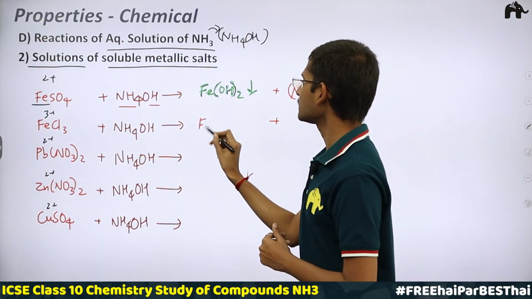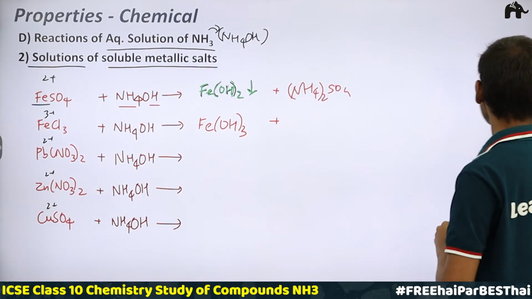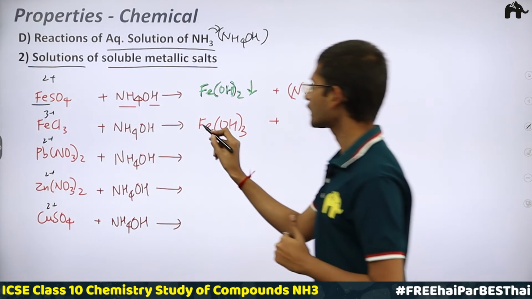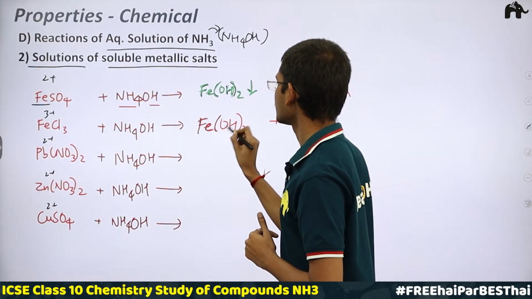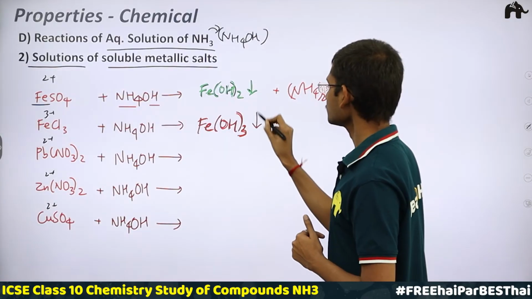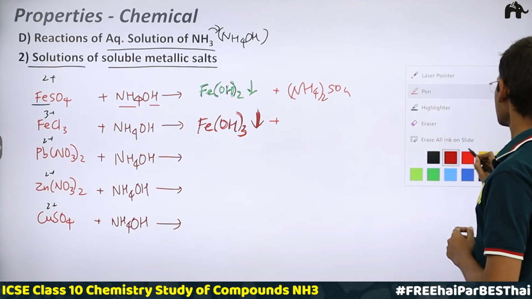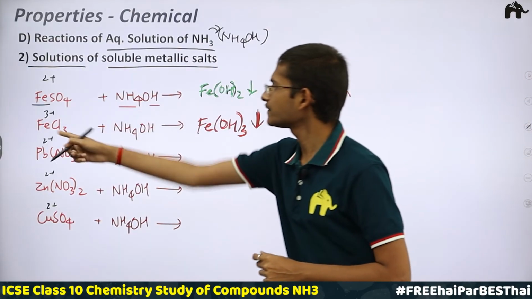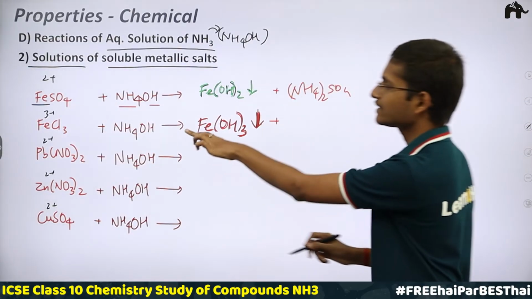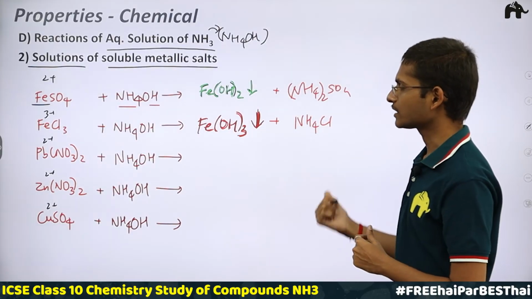Now I won't explain the things, we have already studied this. This Fe(OH)3 is a reddish brown precipitate, so I'm making it slightly reddish brown. And what ammonium salt would be formed? Fe and OH, NH4 and Cl, so NH4Cl would be formed. Later on you balance the reactions and you would get balanced chemical equations.